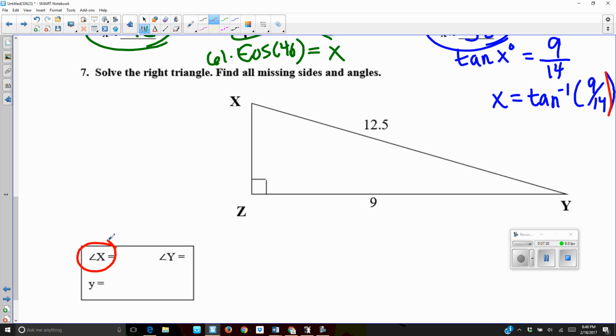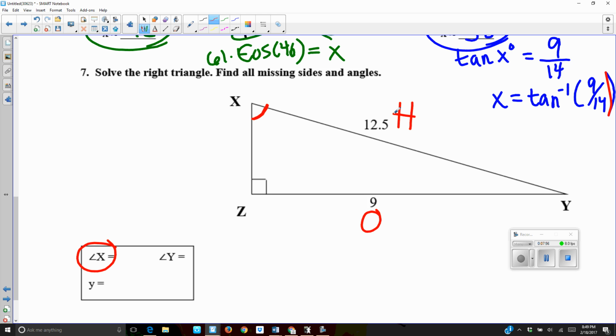In this case, we'll have to use the second key in the calculator since we have to find one of the angles. So let's just find angle x. If we're going to find angle x, that means 9 is the opposite side from angle x, and 12.5 is the hypotenuse.